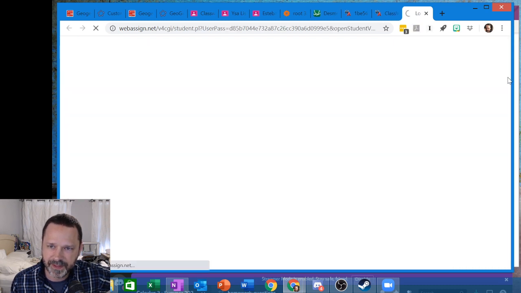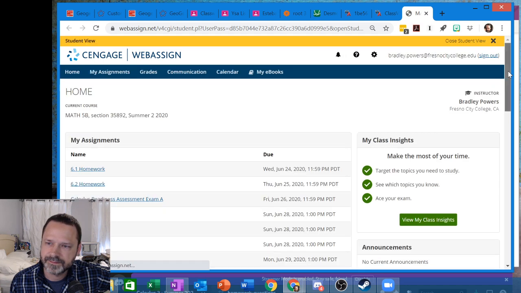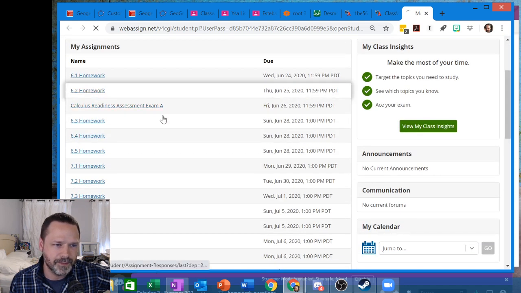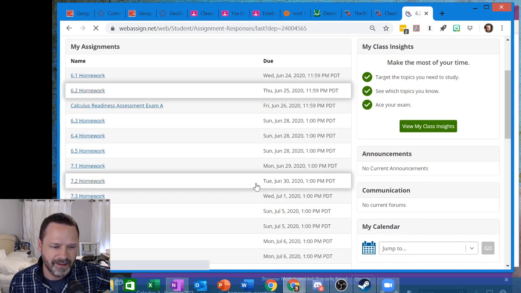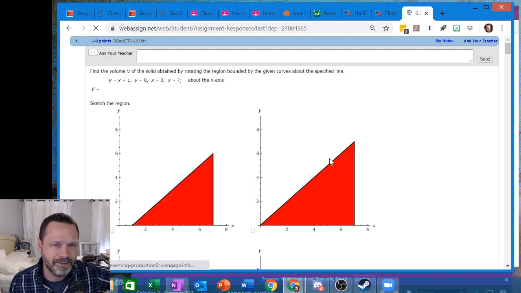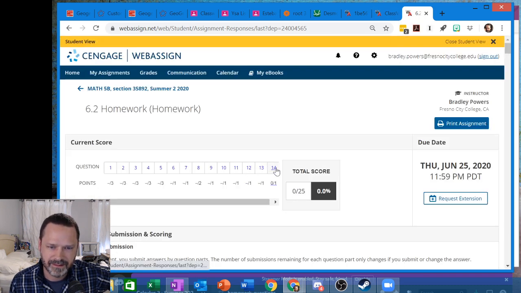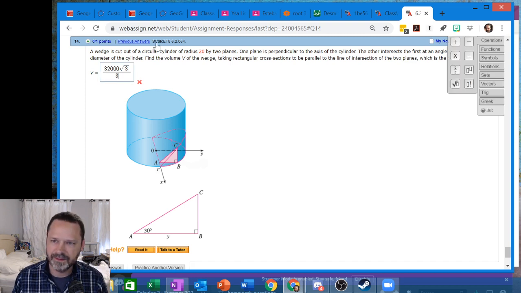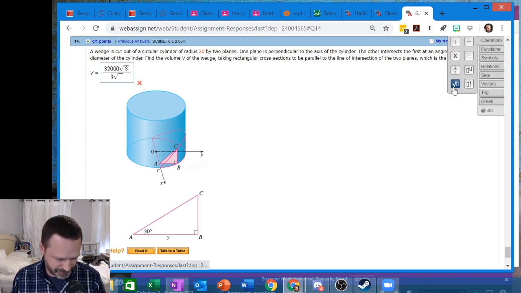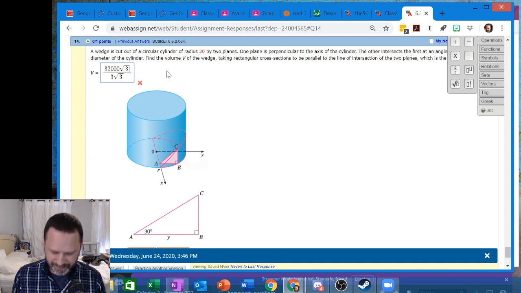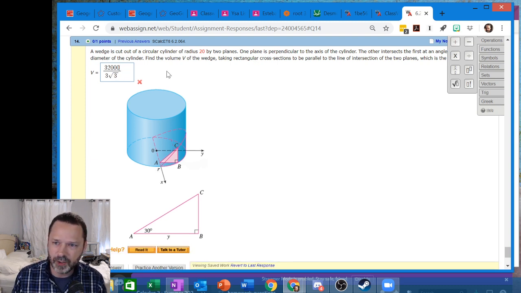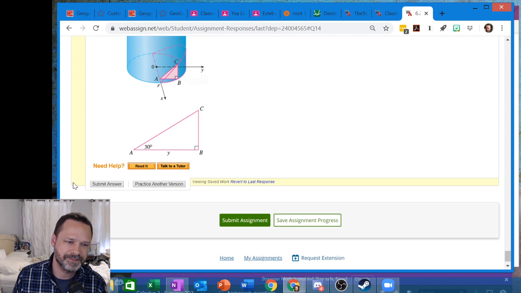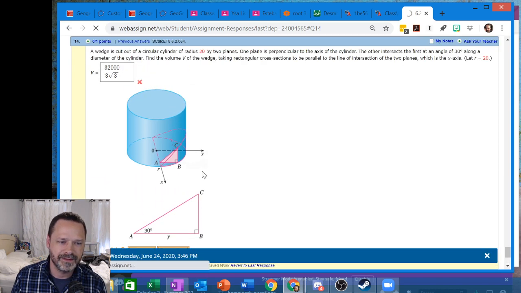That way we get the same numbers. Section 6.2, number 14. Come on now. Let's try it. Root 3, because I can't follow my own work. All right. There. Submission 2.